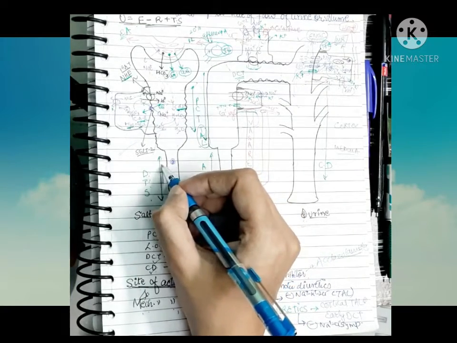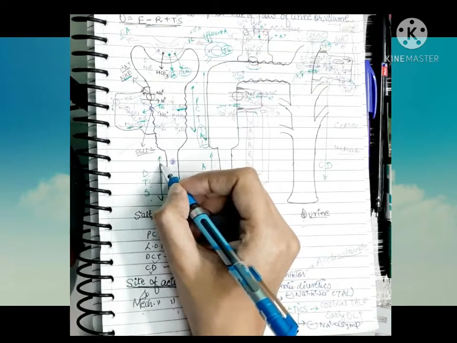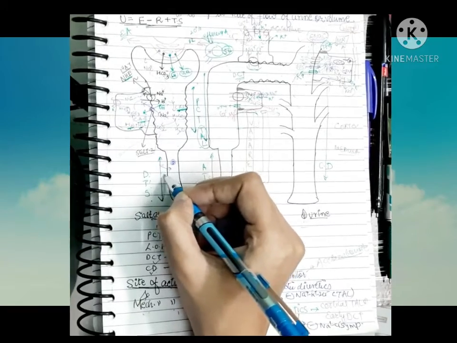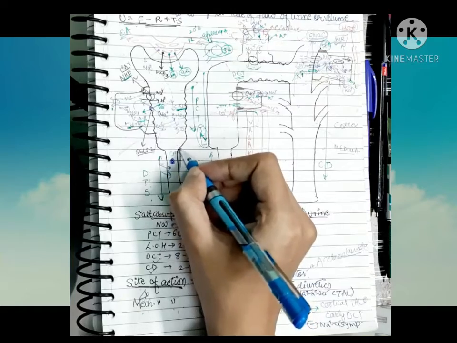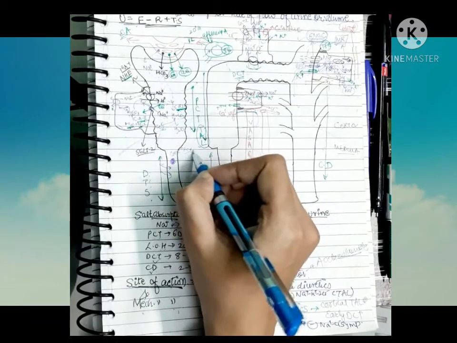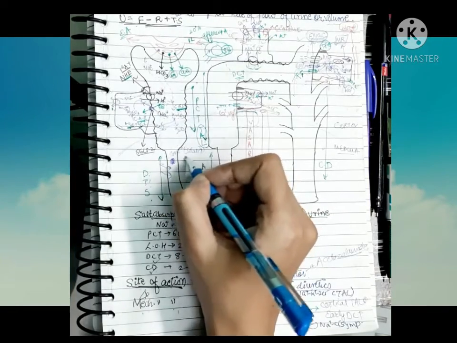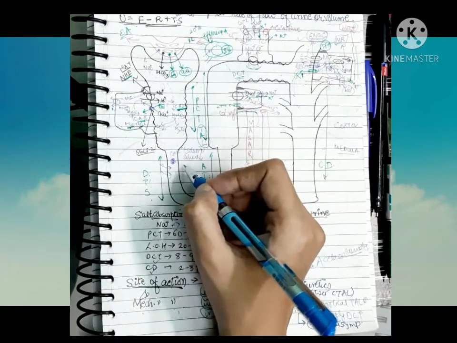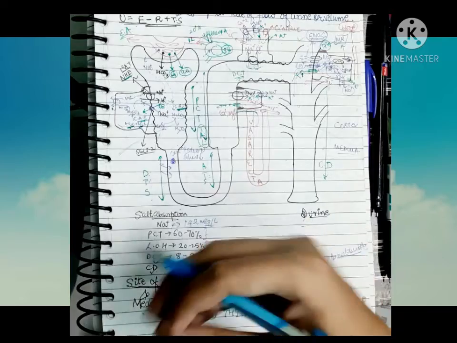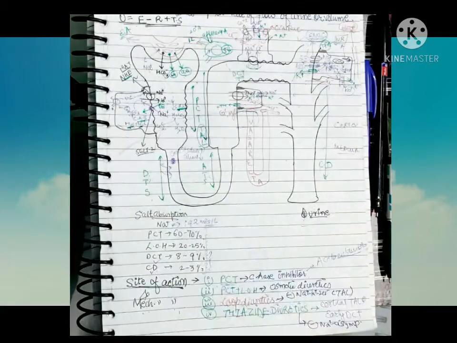What does it do? It will draw the water here. Why? Because it is concentrated, which means the solute content is more and the solvent content is less. Let us suppose the solvent is water. We know that things move from higher concentration to lower concentration.